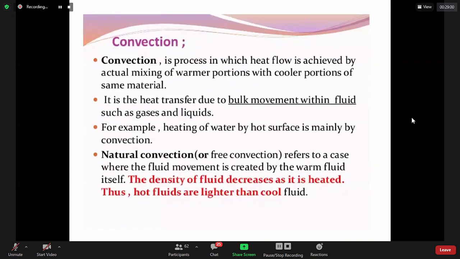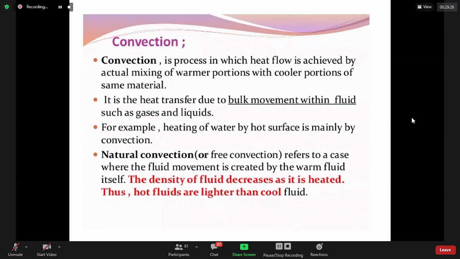In convection, heat flow is achieved by actual mixing of warmer portions with cooler portions of the same material. So we have something like waves which mix.